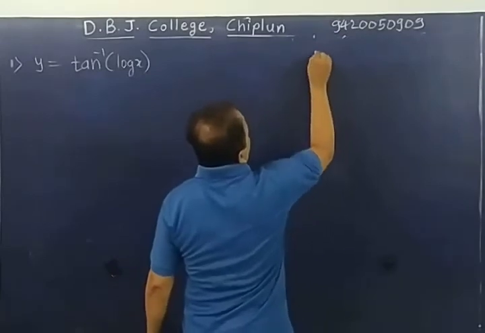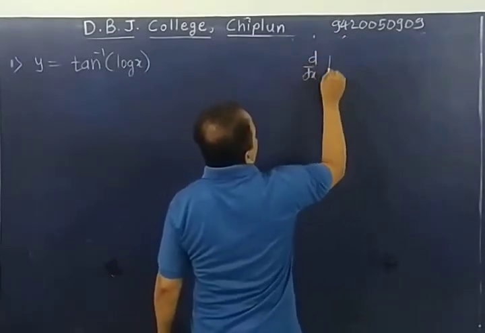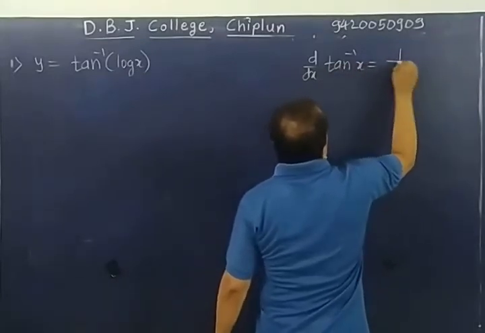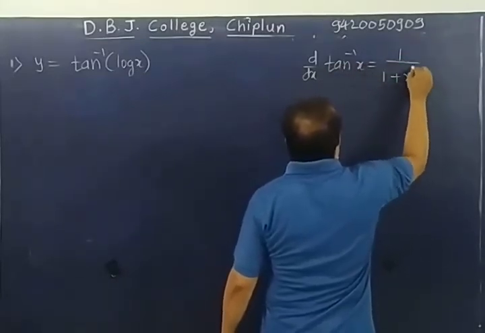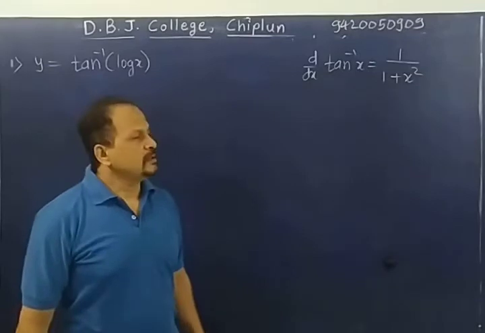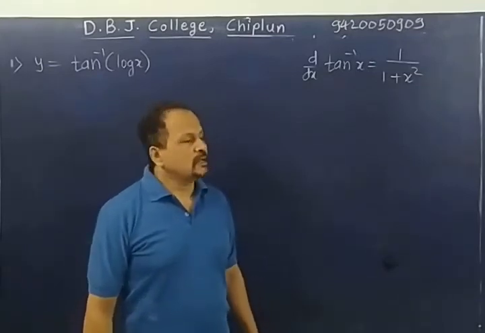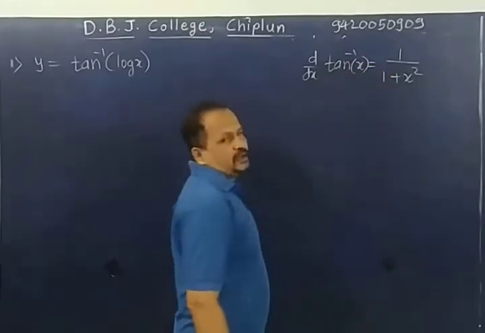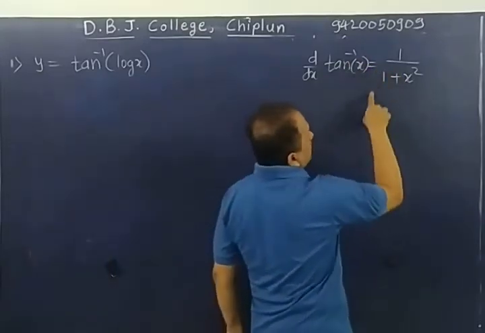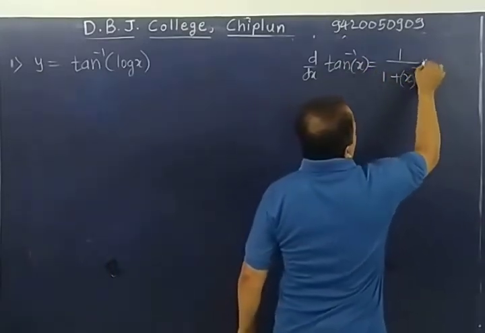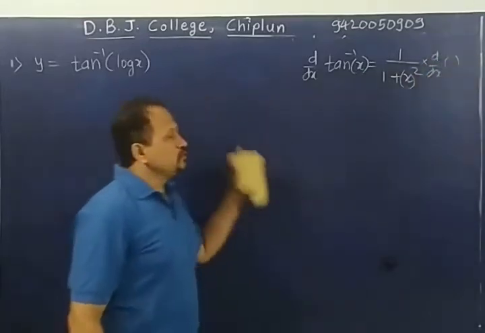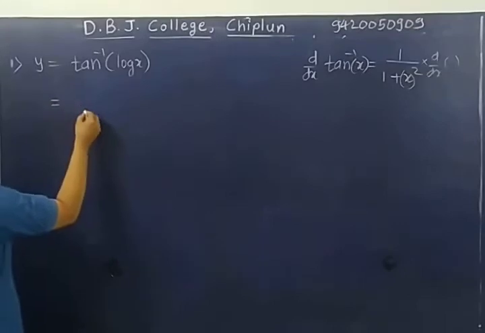First one, we know that the derivative of tan inverse x is 1 upon 1 plus x square. So the derivative of tan inverse bracket is 1 upon 1 plus bracket square into the derivative of bracket. Use it here to get the answer.